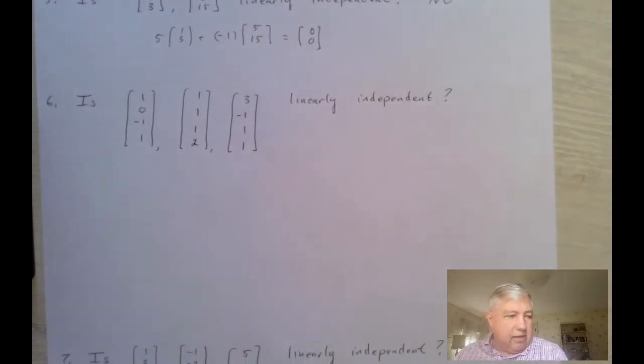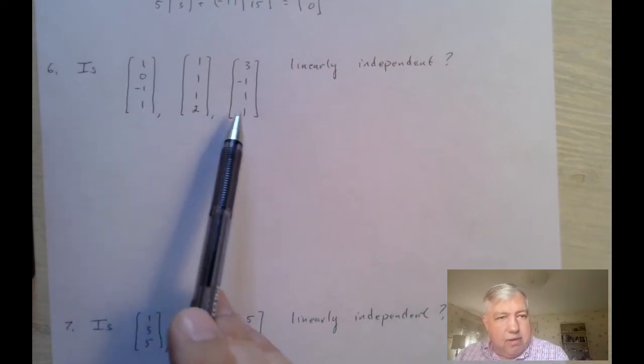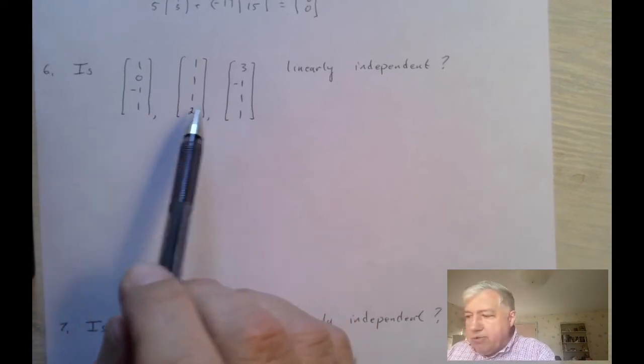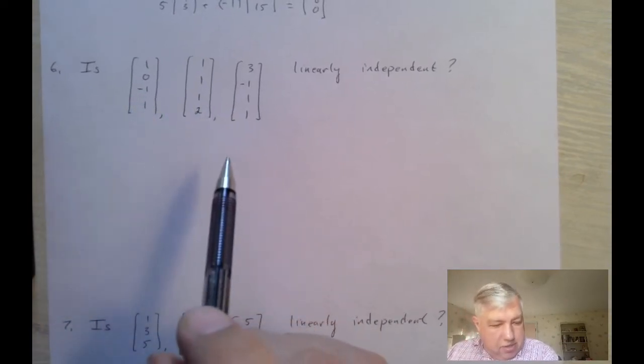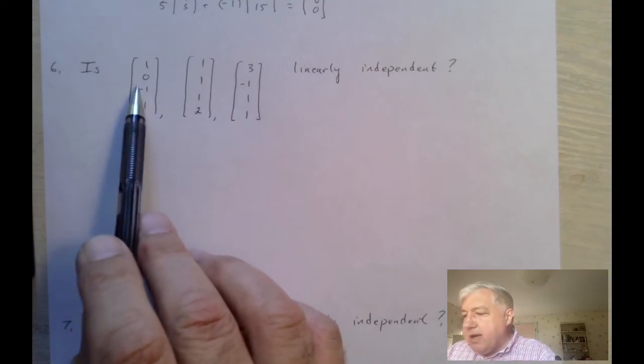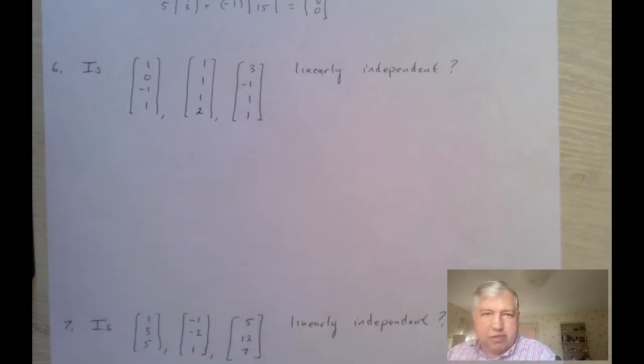Now things are not quite as easy in R4. Here we have 3 vectors in R4, and we want to know, are they linearly independent or not. Once again we want to reduce this to a system of equations. Can we find x1 times this plus x2 times this plus x3 times this equals 0?